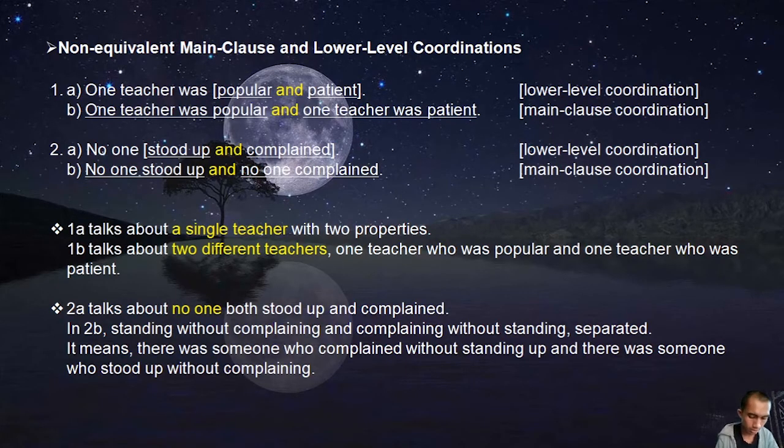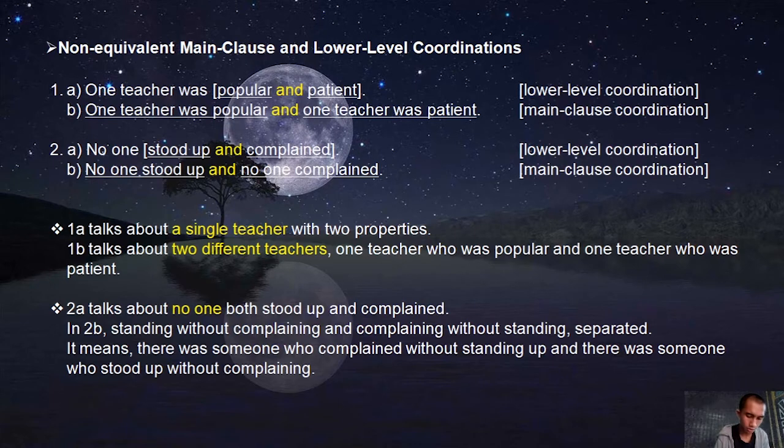The next slide is about non-equivalent main clause and lower level coordination. Please take a look at the examples. In 1A, one teacher was popular and patient. It is lower level coordination. And in 1B, one teacher was popular and one teacher was patient.